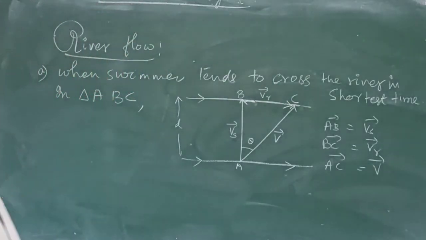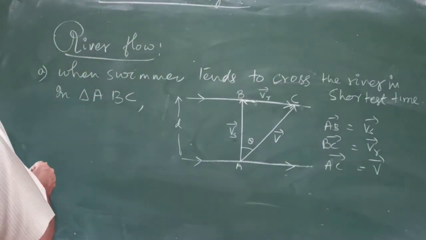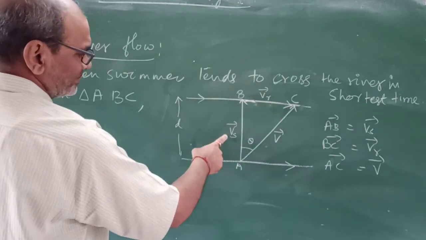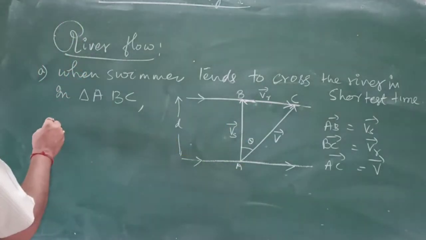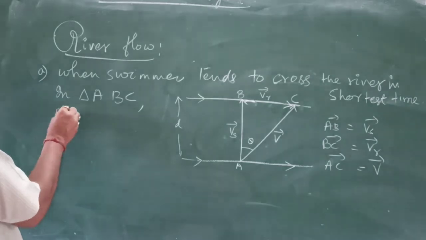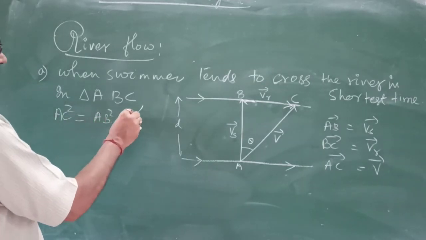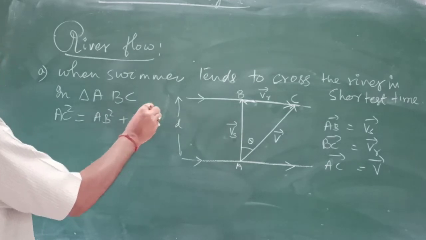So, in a right angle triangle, hypotenuse square is equal to perpendicular square plus base square. Therefore, AC square is equal to AB square plus BC square.